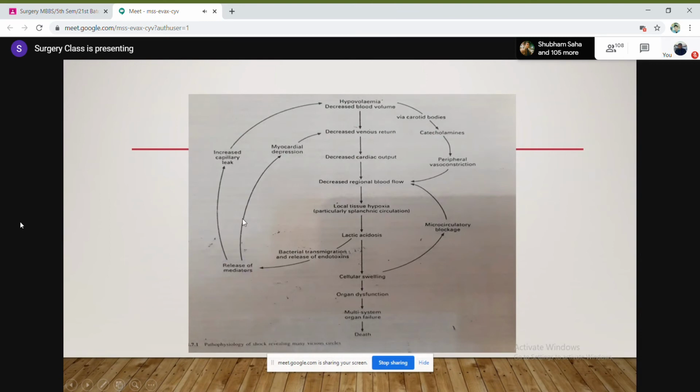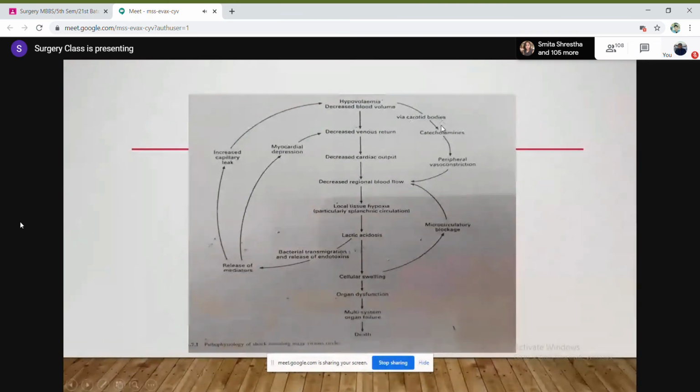One is they will cause myocardial depression directly, which will again lead to decreased venous blood flow. The other is, as I was telling you, as in inflammation, there is increased capillary leak. So once there is increased capillary leak, that will again lead to hypovolemia. Now, let's look at the right side. The hypovolemia will stimulate the carotid bodies.